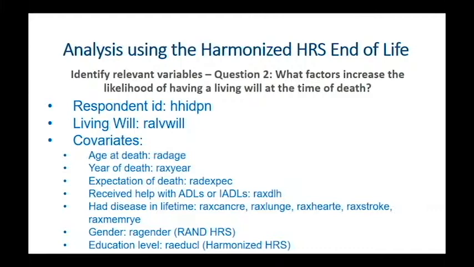And we'll look at several covariates from this dataset, including the age at death, called RADAGE, the year of death, called RAXYEAR, whether death was expected, called RAD-EXPEC, and we'll look at some health-related variables, like whether the respondent received help with ADLs or IADLs, called RAX-DLH, and whether they were diagnosed with cancer, lung disease, heart problems, stroke, or memory problems in their lifetime. From the RAND HRS, we'll look at the gender variable, and from the Harmonized HRS, we'll look at an education variable.